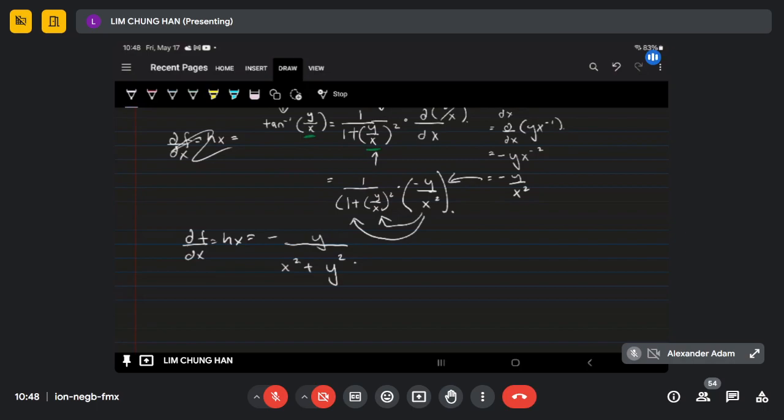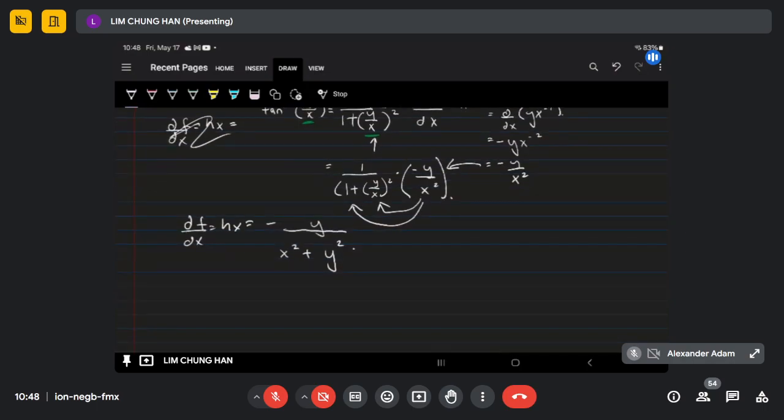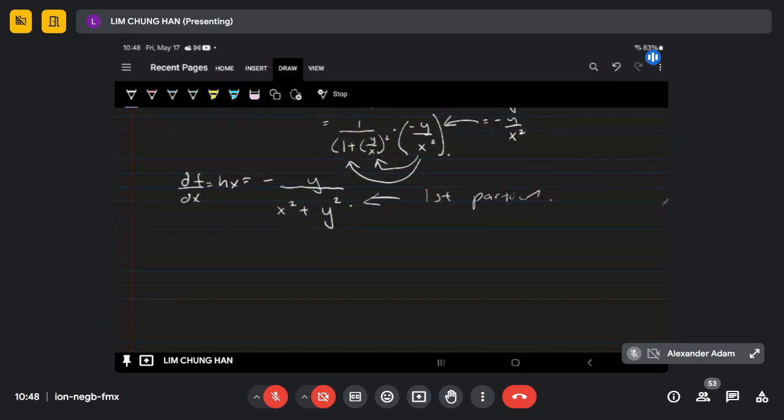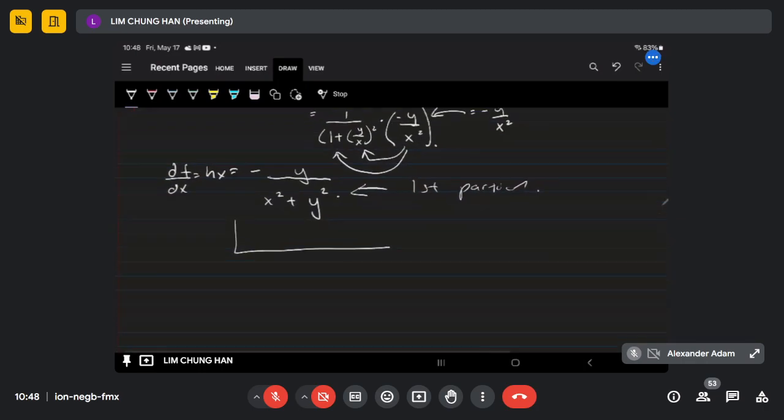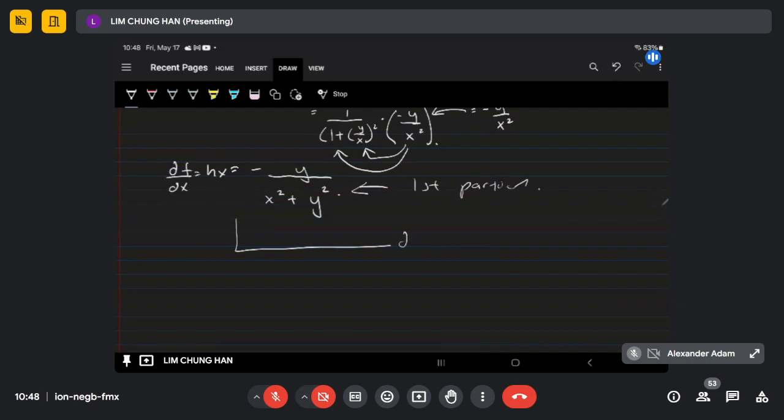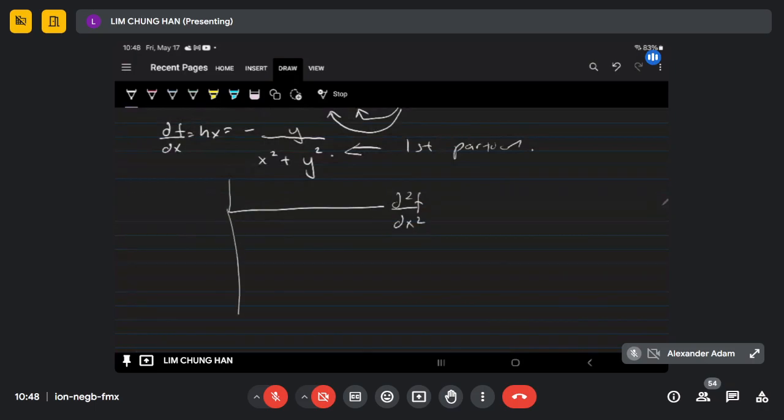So next, this is the first partial only. Now we have to look for the second partials, which are d squared f over dx squared, and also d squared f over dy dx.